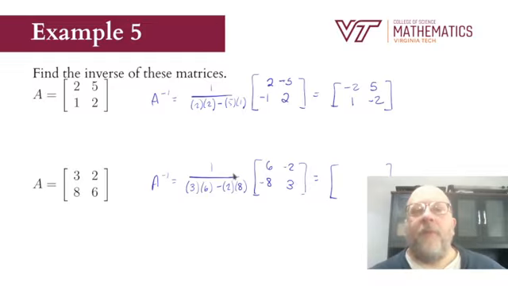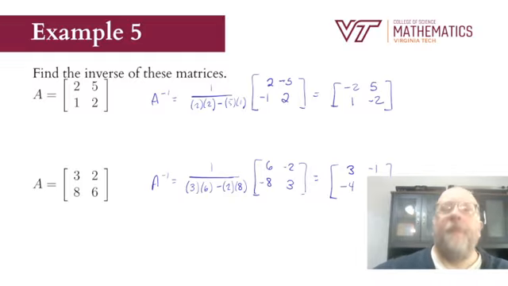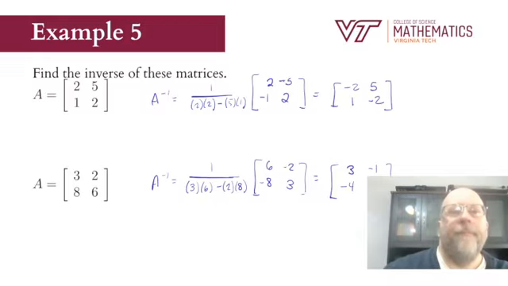And so when we multiply this by 1/2, we get 3, -1, -4, and 3/2. And that's the inverse of that matrix. Very fast process, no row reduction at all. But you do have to learn the process.